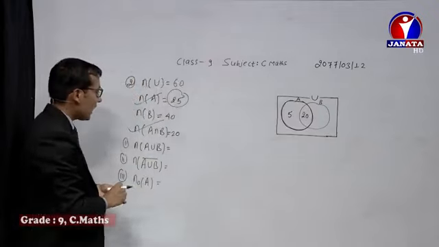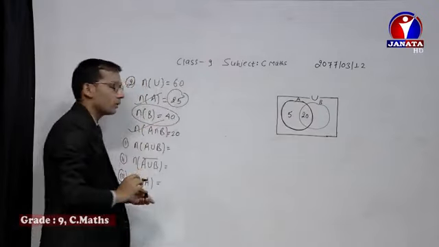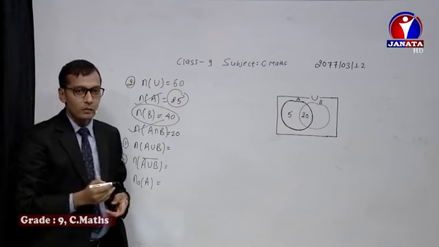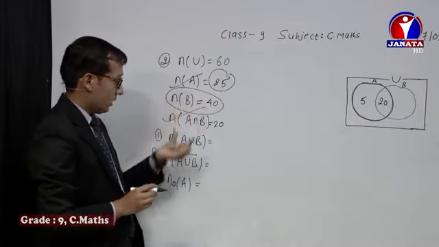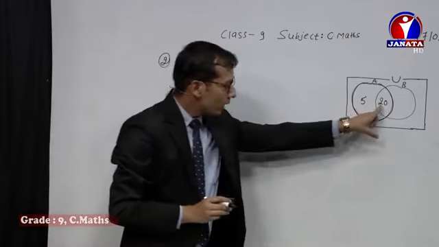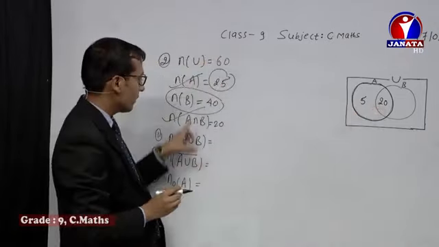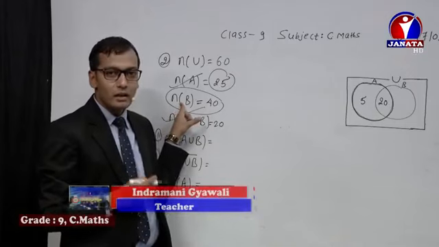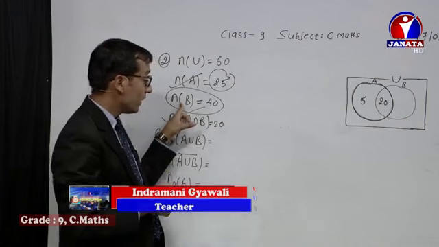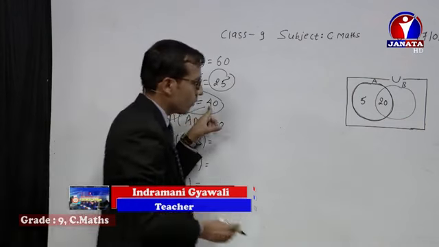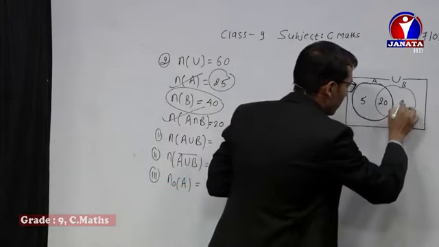What is n of B? It's 40. n of B is 40. So if we subtract the intersection 20 from n of B, we can easily find out the value for n only B. So what is 40 minus 20? It's 20.